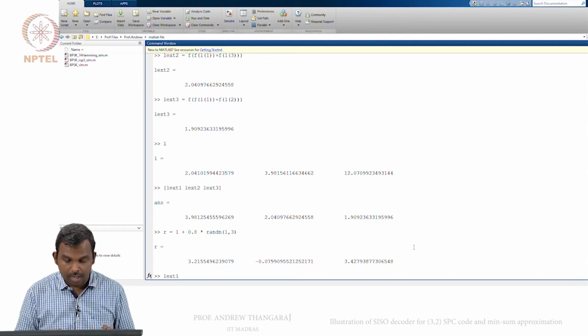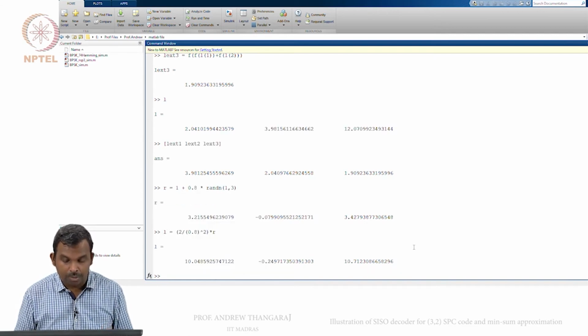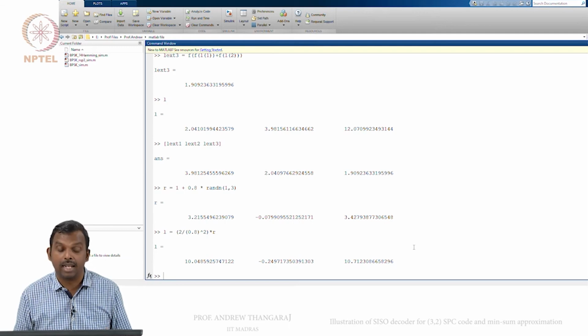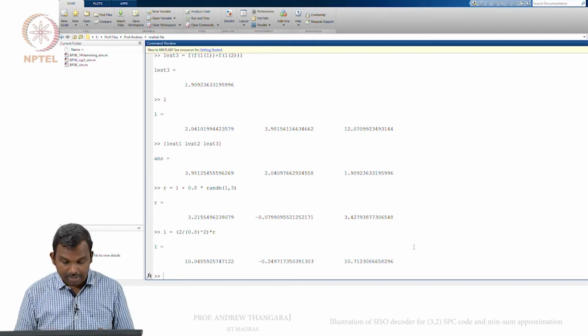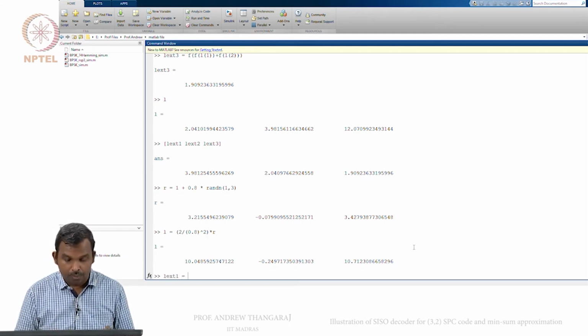So, first calculation is L equals 2y by sigma squared. So, we got the channel LLR. The next calculation is for Lx1. Now the sign I have to take care of, sign of L of 2 multiplied by sign of L of 3, and then multiplied by the absolute value.